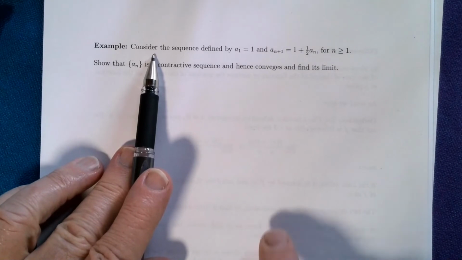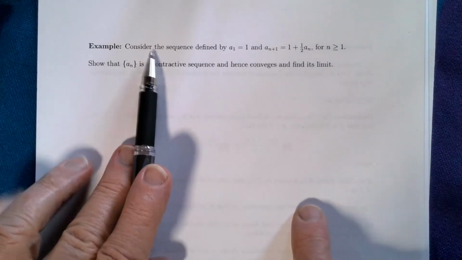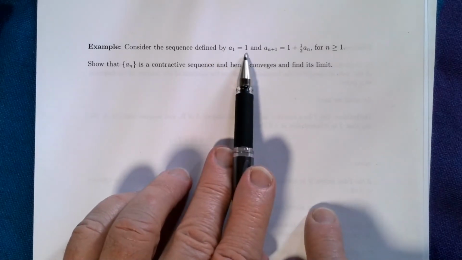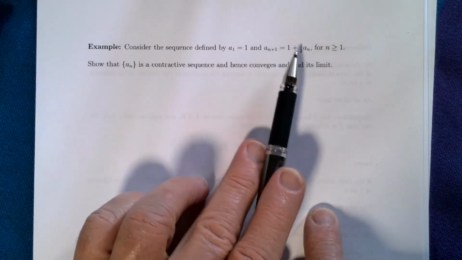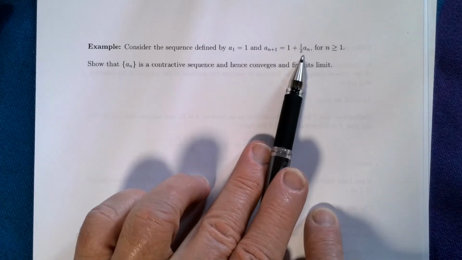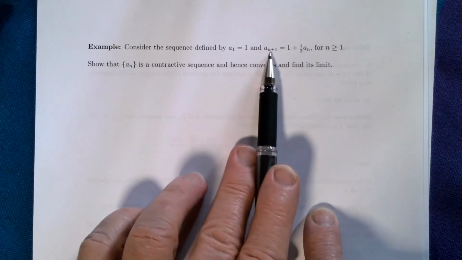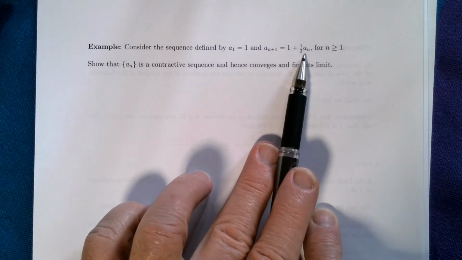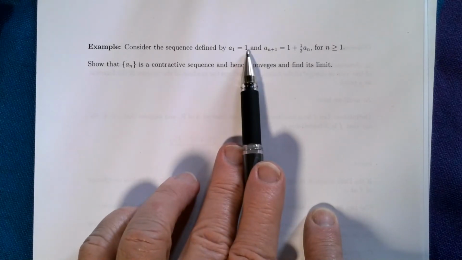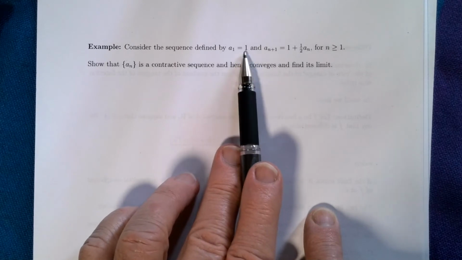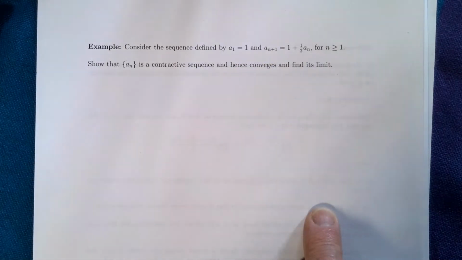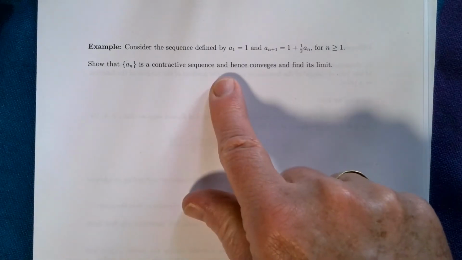This time we're not taken through it quite so much, but it says consider the sequence defined by a1 is 1 and a_{n+1} is 1 plus a half a_n. So this time every term in the sequence is 1 plus a half the term before it, and we start off with 1. It says show it's a contractive sequence, hence converges, and find its limit.